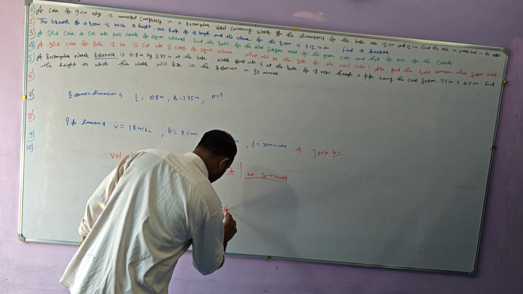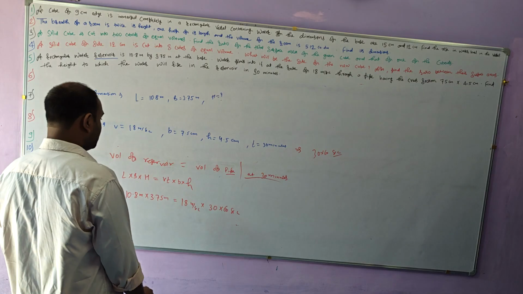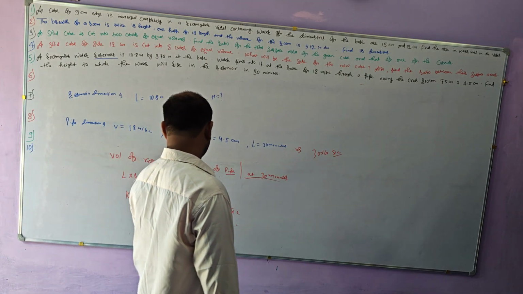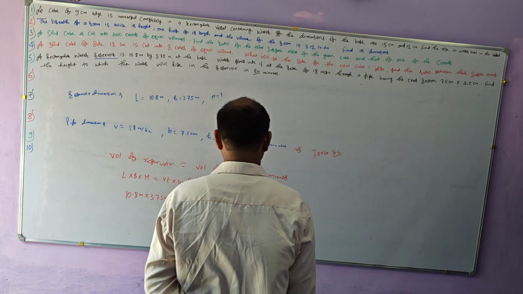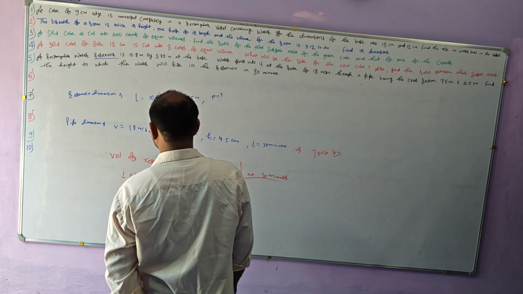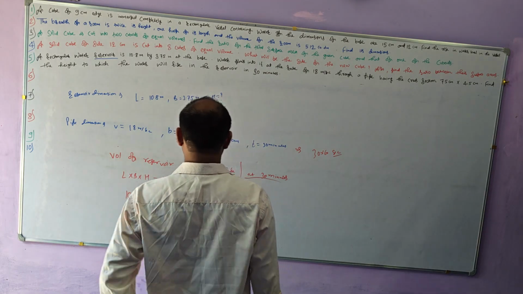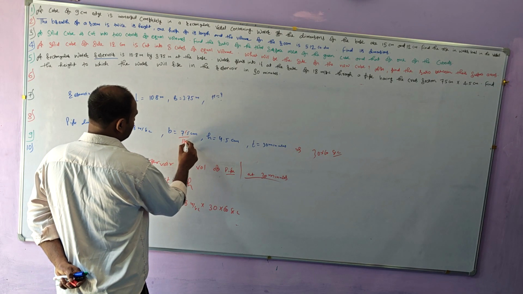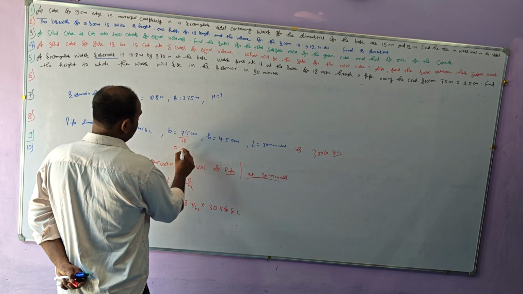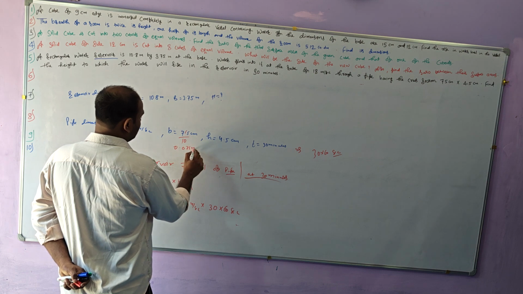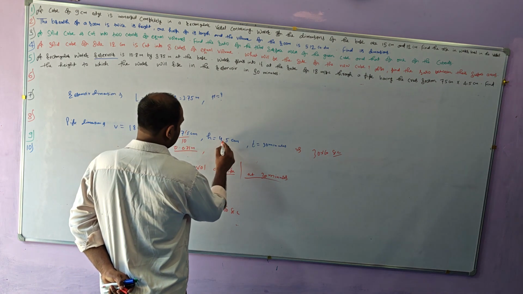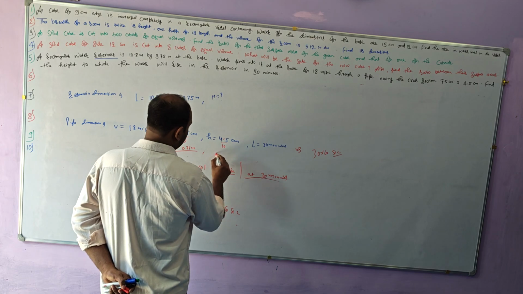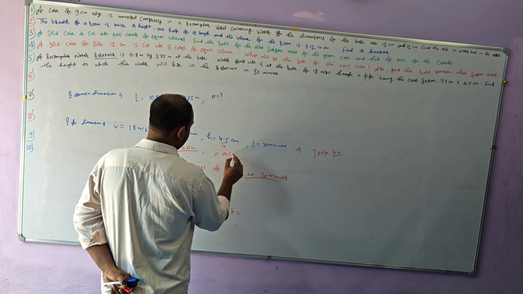So we get 30 into 60 second, and b is equal to 7.5 centimeter. So we can convert it in meter, 0.075 meter, and it also converts 0.045 meter.